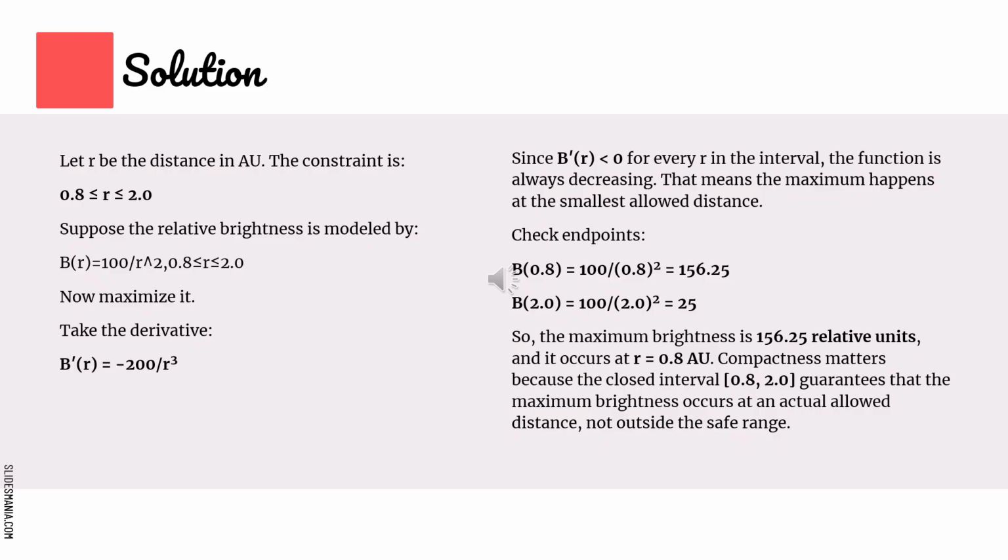Take the derivative and check the endpoints, 0.8 and 2.0. It just so happens that the maximum brightness occurs at 0.8 astronomical units. Compactness matters because the closed interval between 0.8 and 2.0 guarantees that the maximum brightness occurs at an actual allowed distance, not outside the safe range.